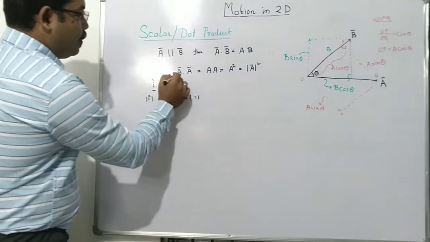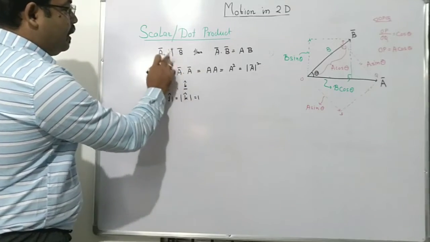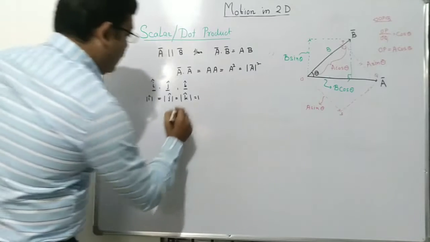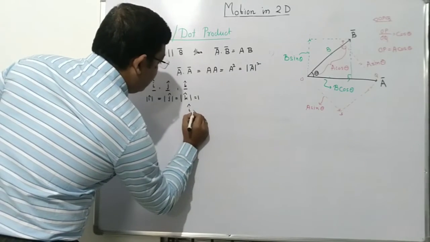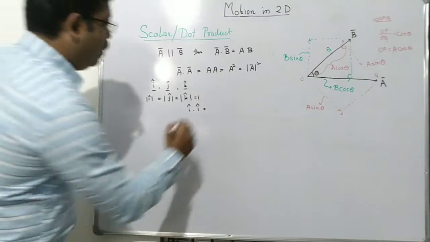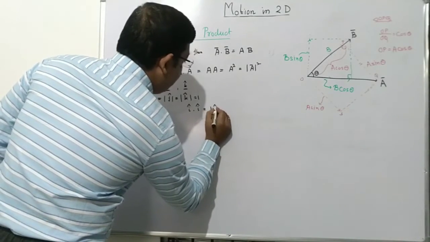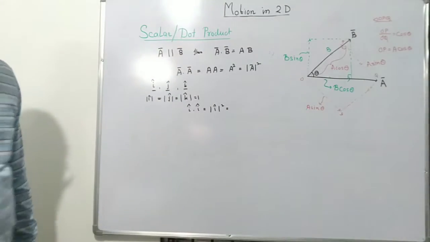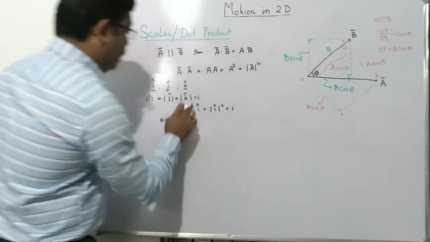Now if I use this property, a corollary to property number 4, that A dot A is equal to A squared, then I cap dot I cap must be equal to modulus of I cap whole squared. However, the modulus of I cap is 1, unity, as we have just seen.